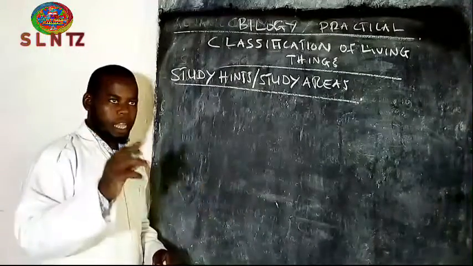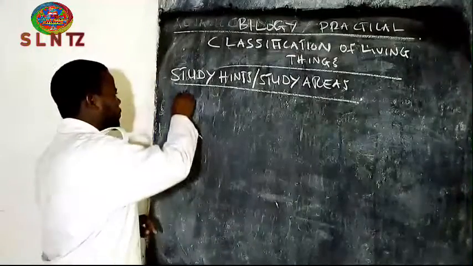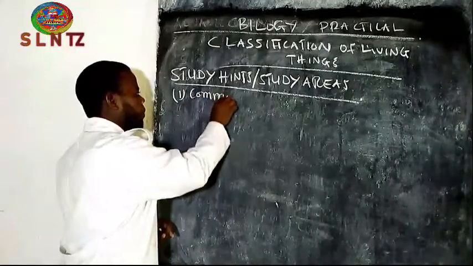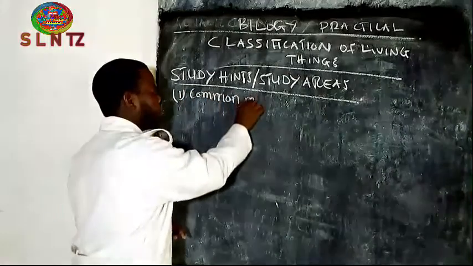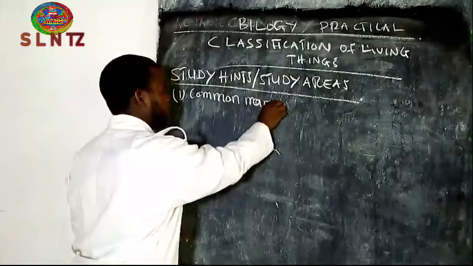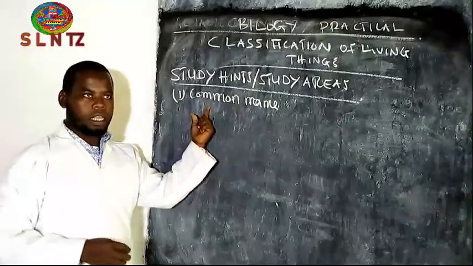So the first area you have to study, the first you have to consider, is the common name. That is the first area you have to study.